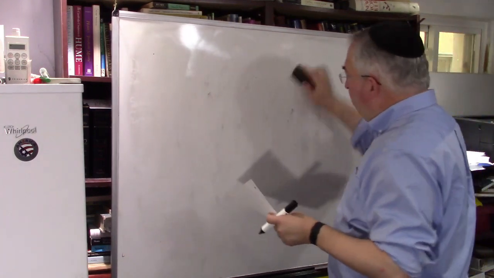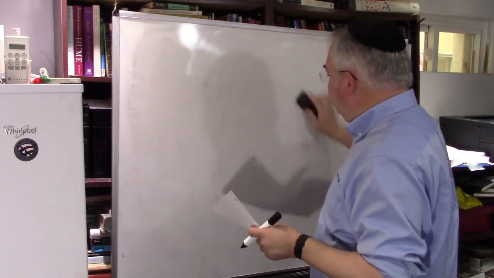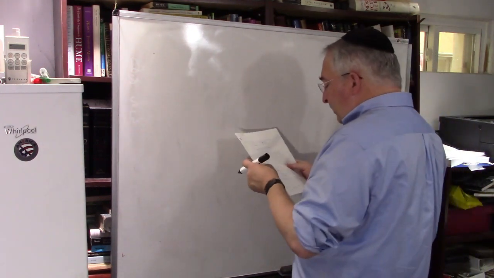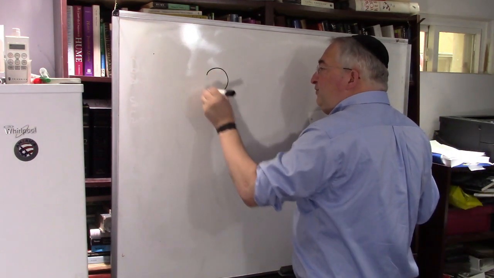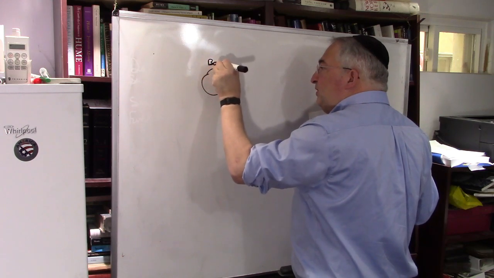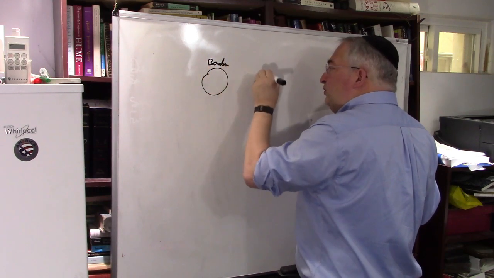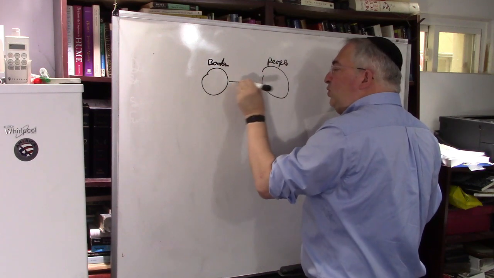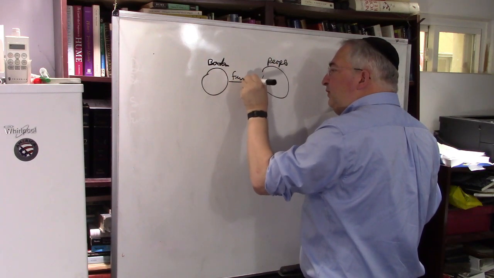Let's go to our baby examples. Those were functions from the real numbers to the real numbers. Let's go through baby examples. We had a function from books to people called first author.